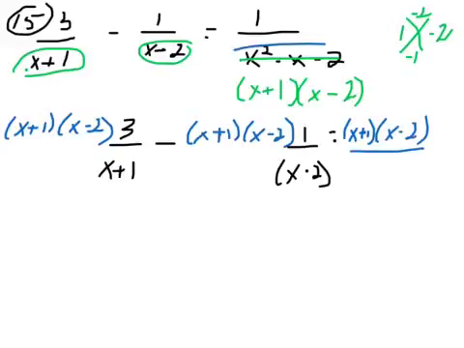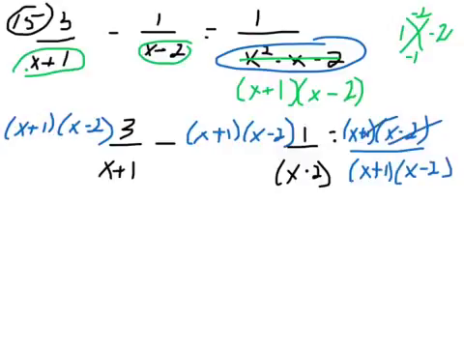And I'm going to go ahead and write this right here in its factored form, x plus 1, x minus 2, just so we can see that everything really does cancel out.